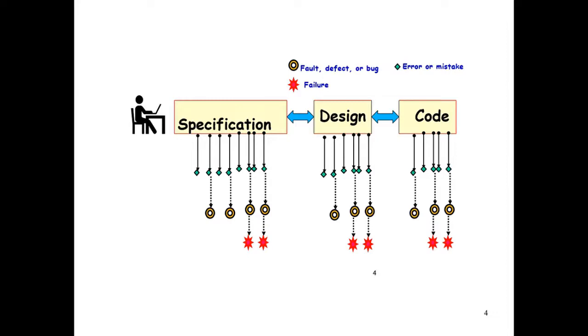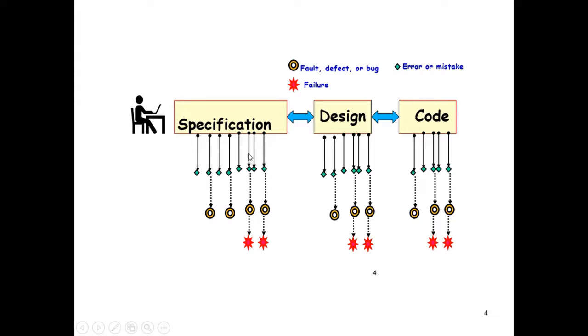What is an error and what is a fault? It has been described clearly in this PowerPoint. Whenever there is an error in the specification part, it may get inherent during the creation of the specification document.